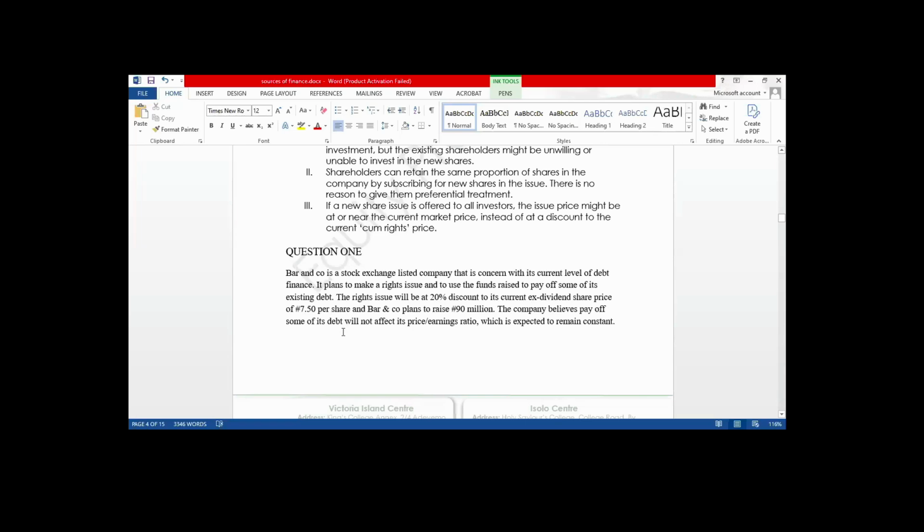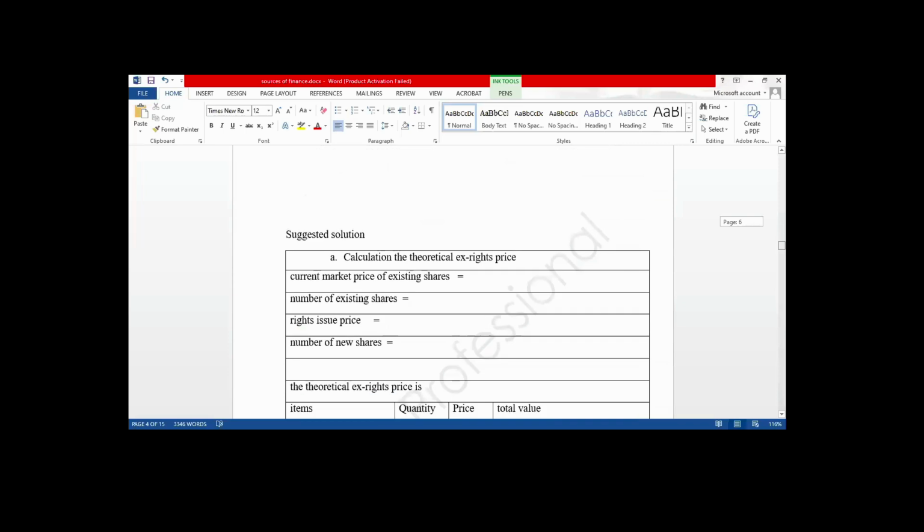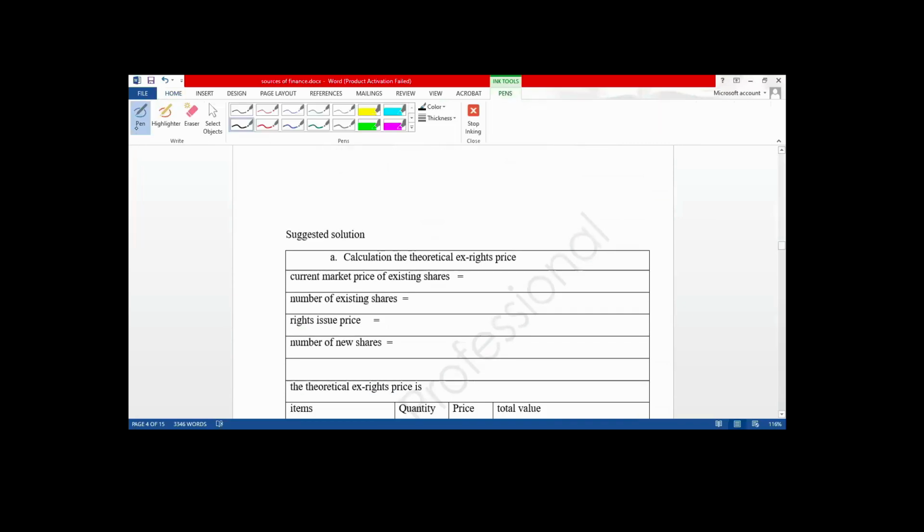The current market price per share is 7 naira 50 kobo. You pick this figure, ₦7.50.